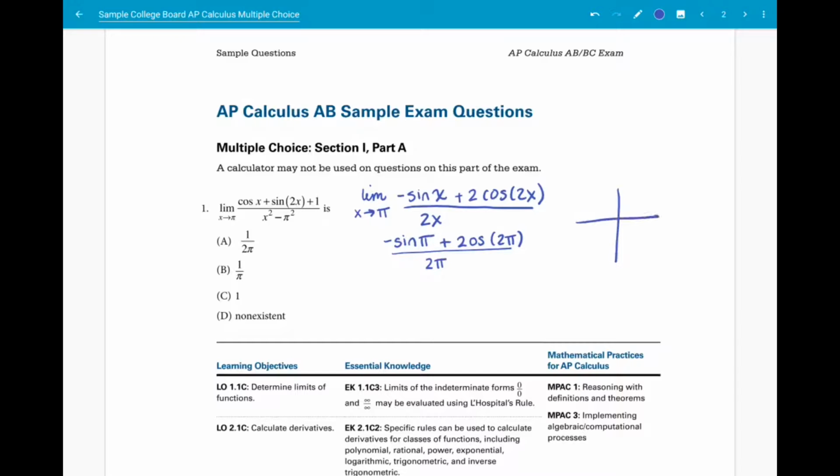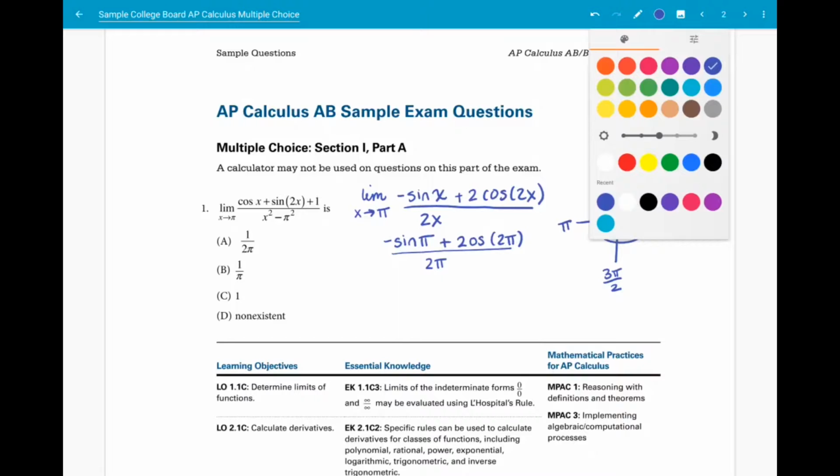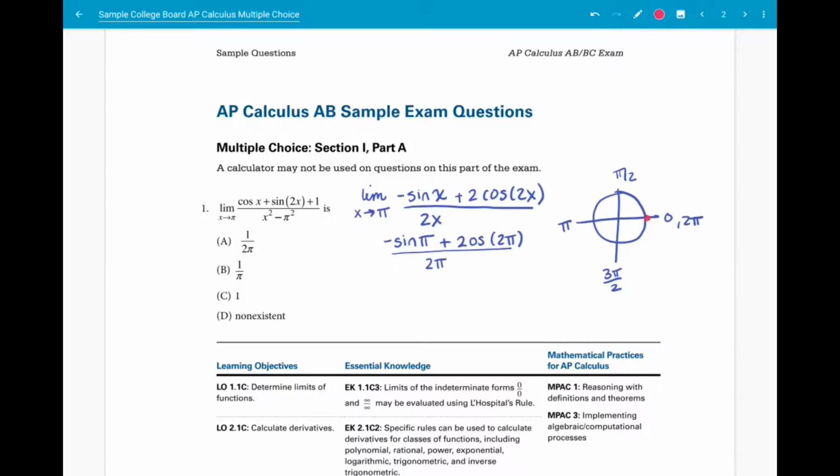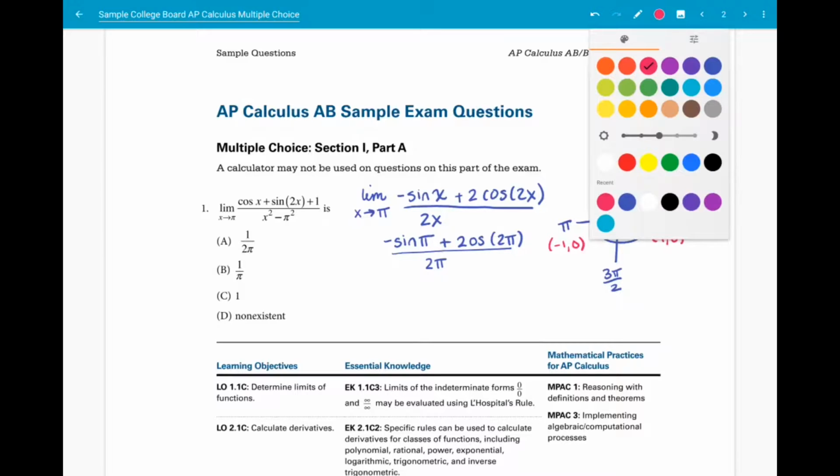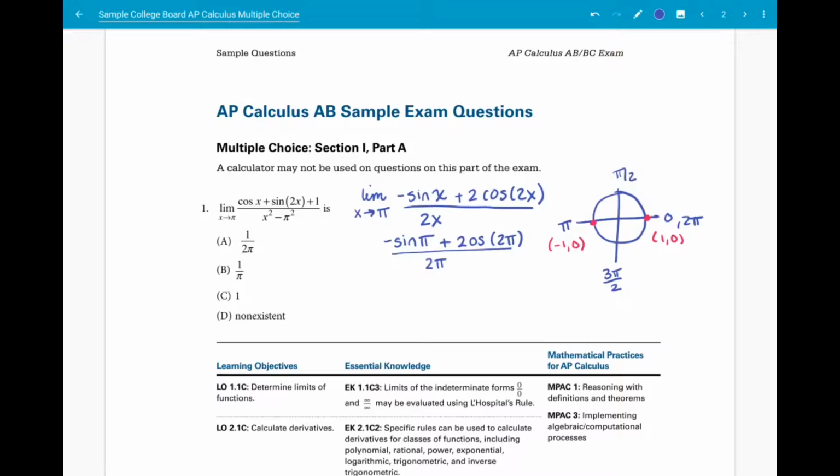All right, let's go back and refer to our unit circle. I want to remind you of 0, pi over 2, pi, 3 pi over 2, and 2 pi. The points we're going to be looking at are this point right here, which is (1, 0), and this point right here, which is (-1, 0). And remember that the x is the cosine and the y is the sine.